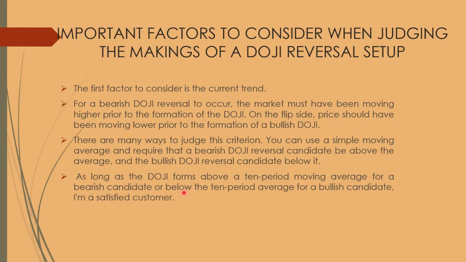There are many ways to judge this criterion. You can use a simple moving average and require that a bearish doji reversal candidate be above the average and the bullish doji reversal candidate below it. As long as the doji forms above a 10-period moving average for a bearish candidate or below the 10-period average for a bullish candidate, I am a satisfied customer.